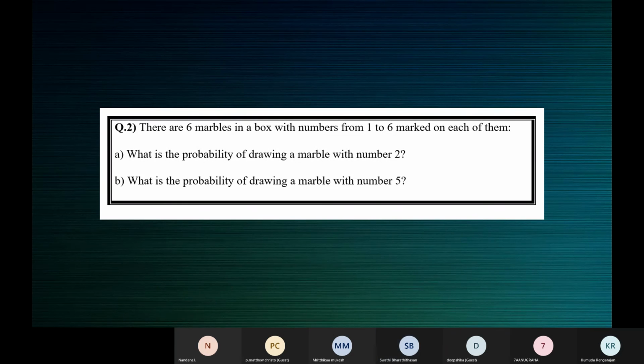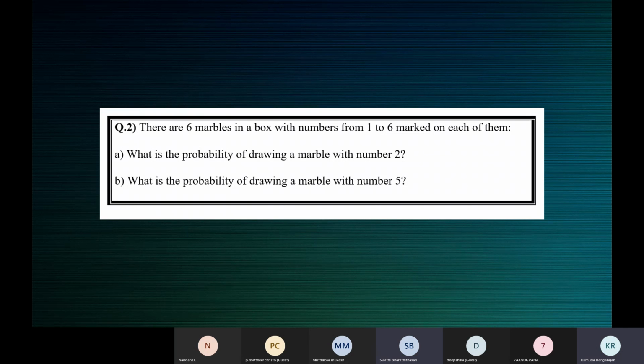Correct. Now, we have seen this in fractions. Supposing in a class there are 5 girls and 10 boys. Totally, how many students? 15, ma'am. So don't you say 5 out of 15 girls, 10 out of 15 boys?